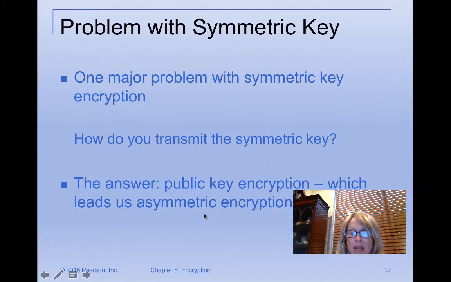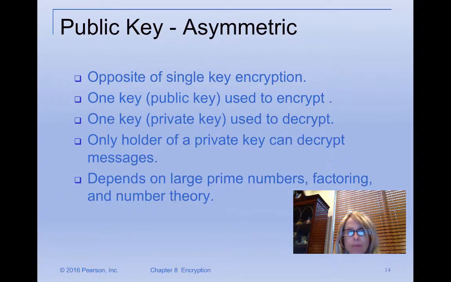So the answer was to come up with something called public-private key, or public key encryption, which is the same as asymmetrical encryption. And opposite of single key encryption, this uses one key, the public key, to encrypt the message, and a different key, the private key, to decrypt it. And only the holder of the private key can decrypt the message. And it's really focused on large prime numbers and factoring and number theory to be able to do this.